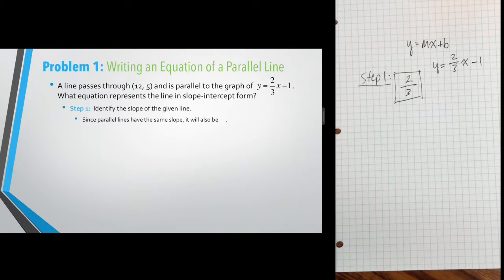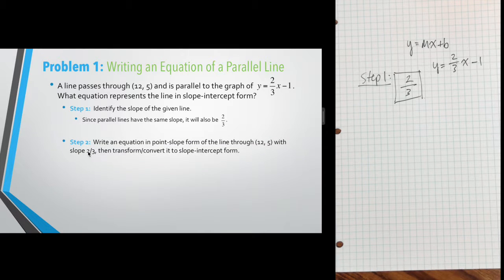Step 2, since parallel lines have the same slope, the new line that we're writing an equation for will also have a slope of 2/3. So if you found the slope from the first one, you already have the new slope. Step 2 is write an equation in point-slope form of the line through (12, 5) with the slope of 2/3. Then transform or convert it to slope-intercept form.